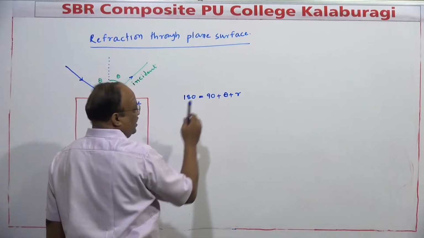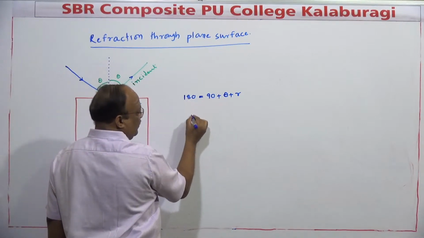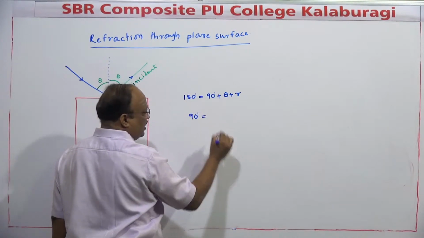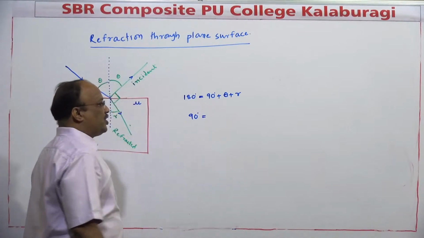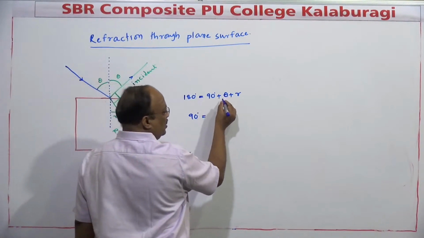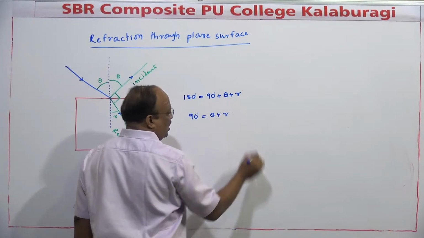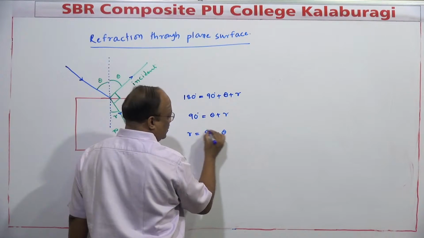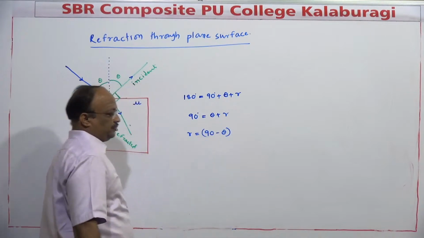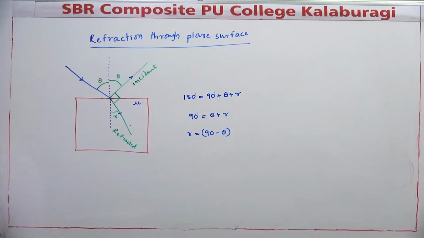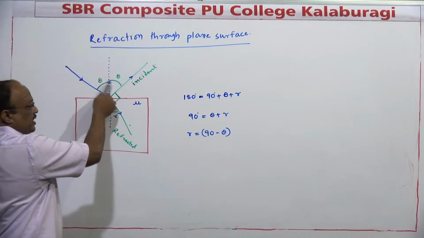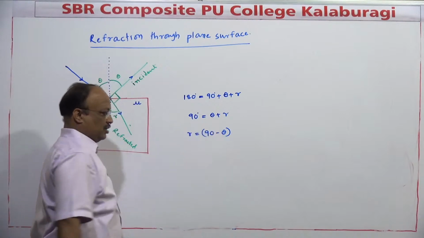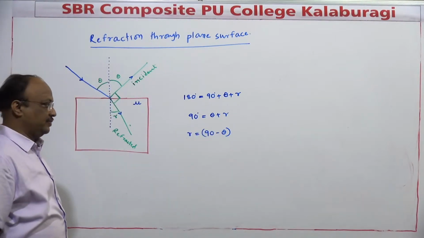So then 90 degrees is equal to theta plus r. R is equal to 90 minus theta. Theta is our angle of incidence, and r is equal to 90 minus theta.